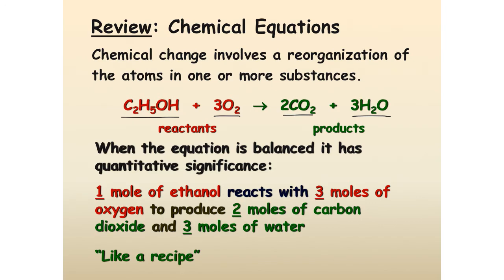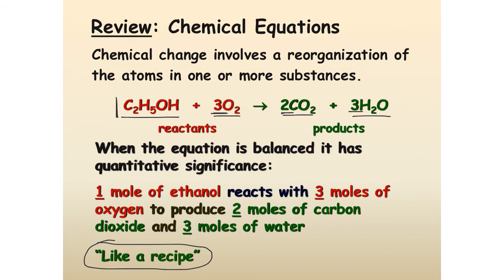Now, one thing you might also remember from Regents chemistry is doing problems where we talked about it being like a recipe. The balanced equation gives us the mole ratio of how they have to react. So 1 mole of ethanol reacts with 3 moles of oxygen to produce 2 moles of carbon dioxide and 3 moles of water.